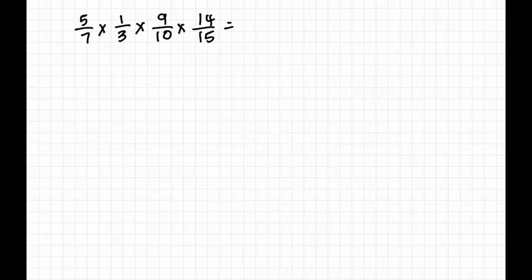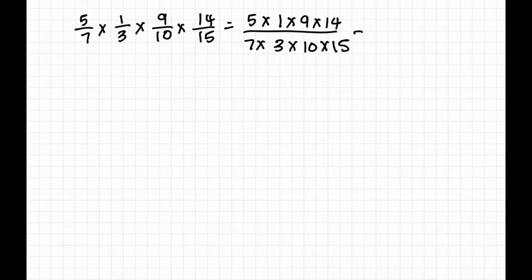This would essentially always be the numerator times the numerator, so all the numerators multiply by each other and the denominators multiply by each other. So it would be 5 times 1 times 9 times 14 over 7 times 3 times 10 times 15.